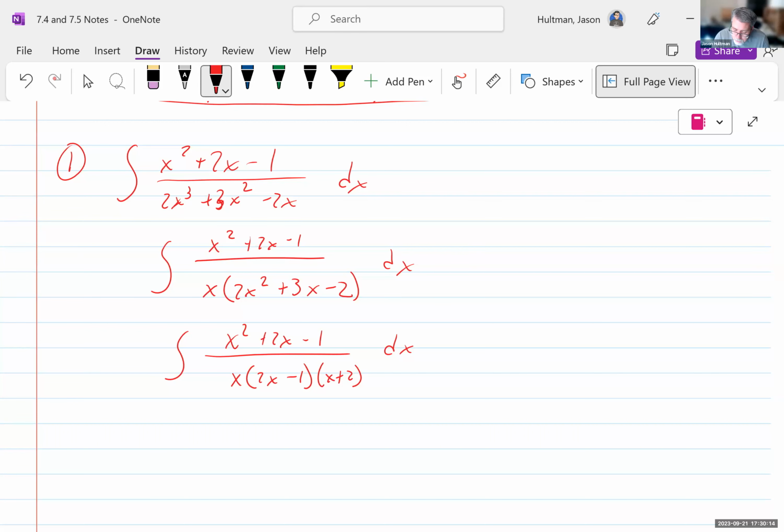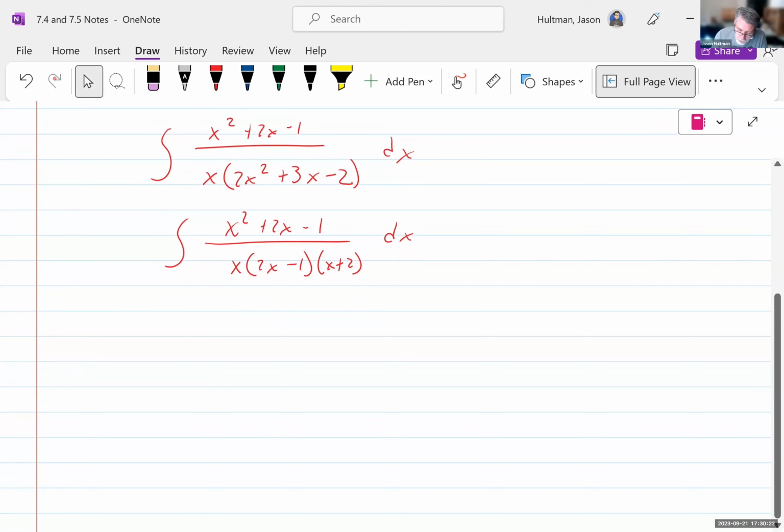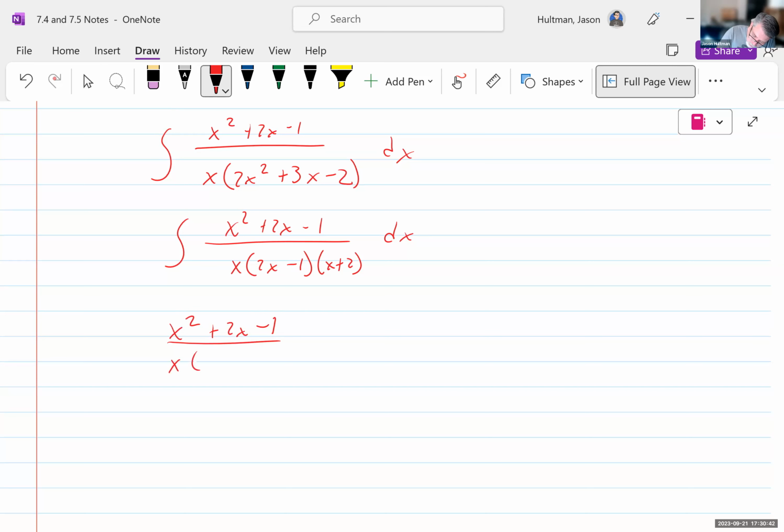Now, what I'm going to do is use partial fraction decomposition to help me break this up into 3 separate integrals. So what is partial fraction decomposition? Well, if I have linear factors like this here, x, 2x minus 1, and x plus 2, these are all x to the first power, I can rewrite or decompose this fraction into fractions that involve just each factor.